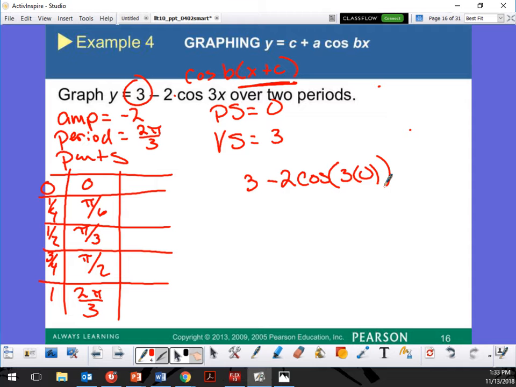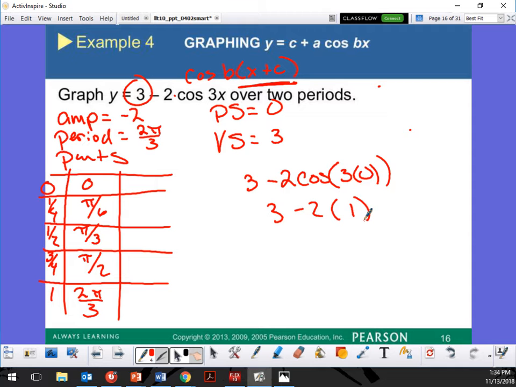What is cosine at 0? It's 1. Cosine at 0 is 1, times negative 2 is negative 2, plus 3.